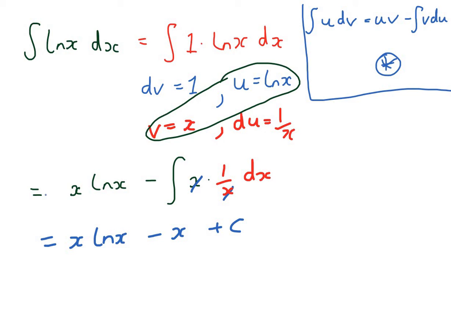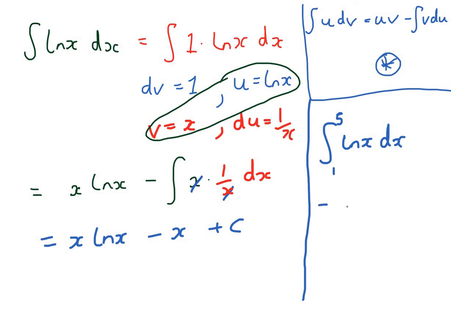So let's plug in our 1 and 5 just to make sure we were right earlier. So from earlier we did the definite integral, natural log of x dx. Well, this is now just going to be, by the work we've just done, the value x natural log of x minus x evaluated at 5 and 1.